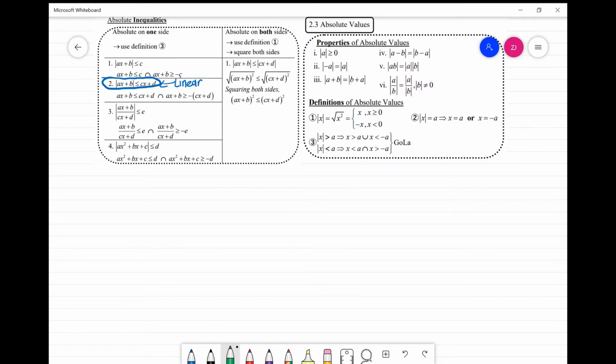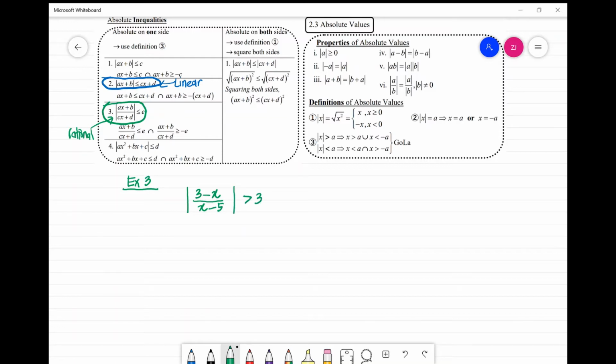Now for the third type of absolute inequality, with absolute value on one side. We do have a rational absolute on the left hand side. Let's see an example. What if we have the absolute value of 3 minus x over x minus 5 greater than 3?